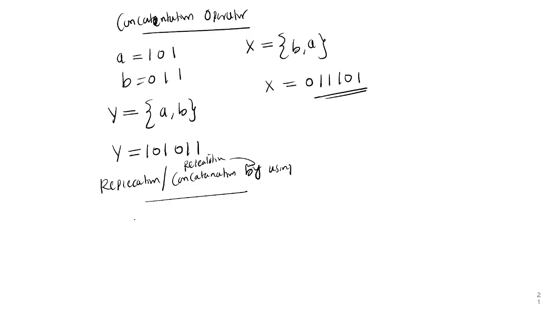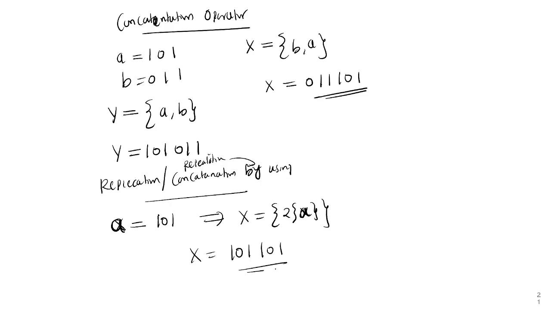Suppose you take a equal to 101. You write x equal to 2 times, curly bracket, a. So that means x equals 101101. Like this you can represent it.